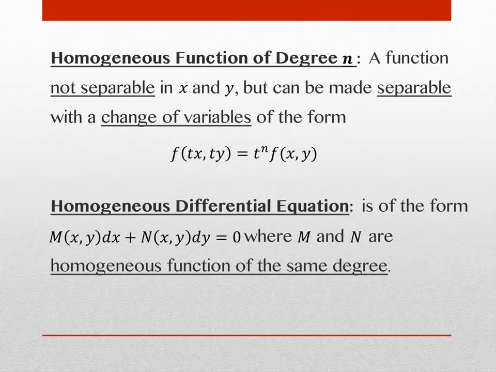The change of variables is of the form f of tx, ty equals t to the n f of x, y. And a homogeneous differential equation is one of the form M of x, y dx plus N of x, y dy equals 0, where M and N are homogeneous functions of the same degree.